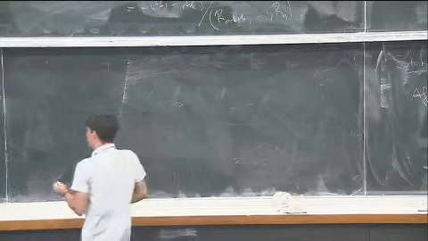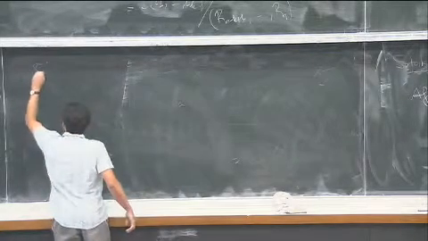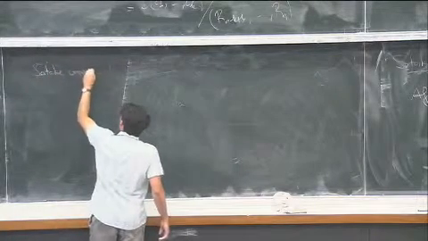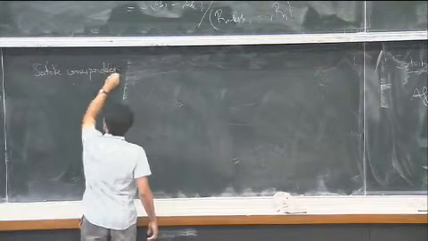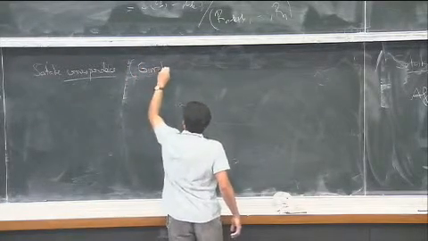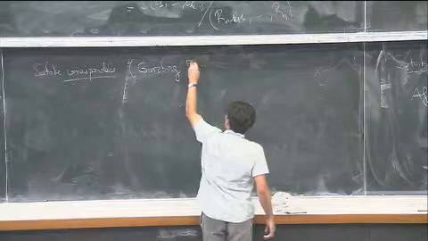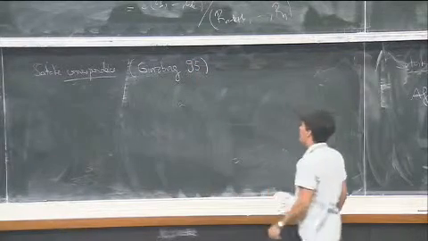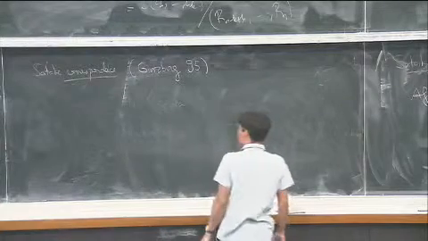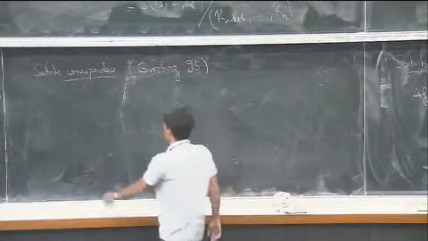Okay, and then the Satake correspondence is that, so I will state a version which is contained in a paper by Ginzburg from 1995. So it says the following. You take the Langlands dual group.